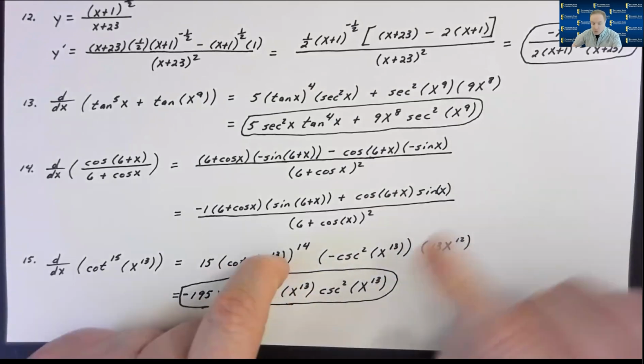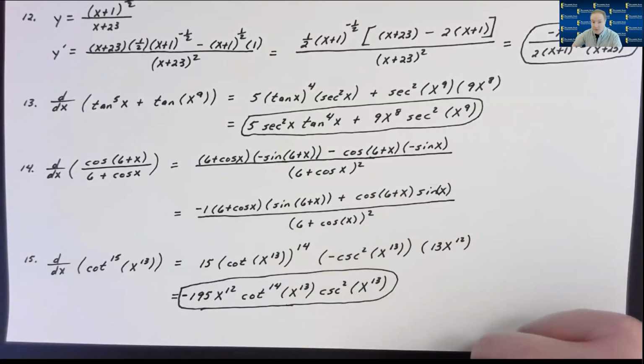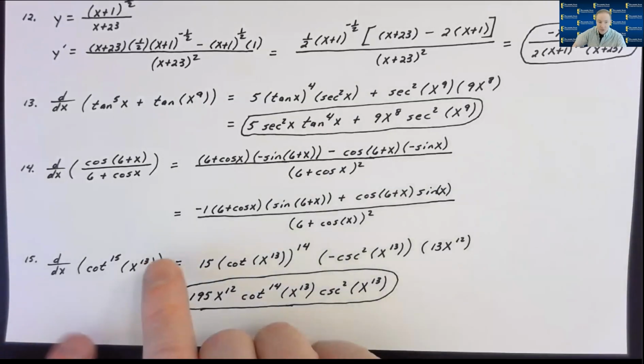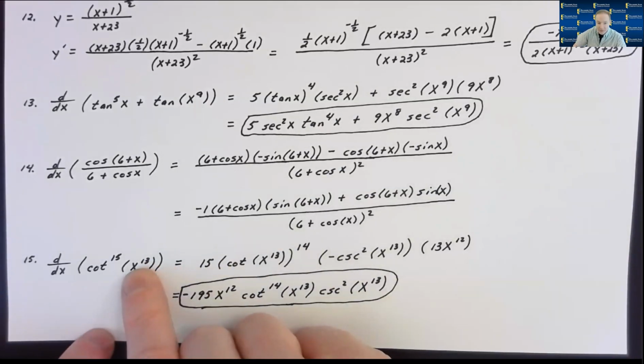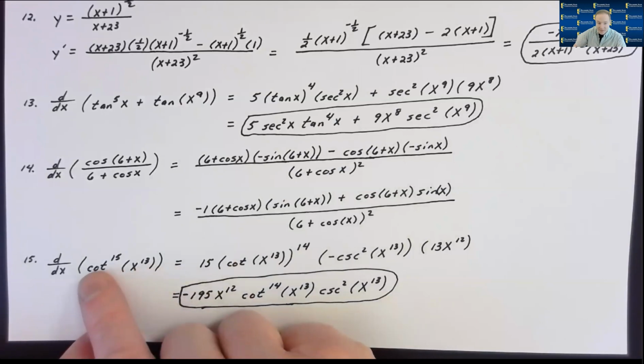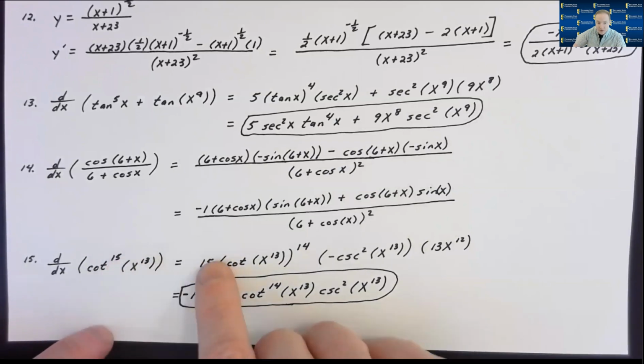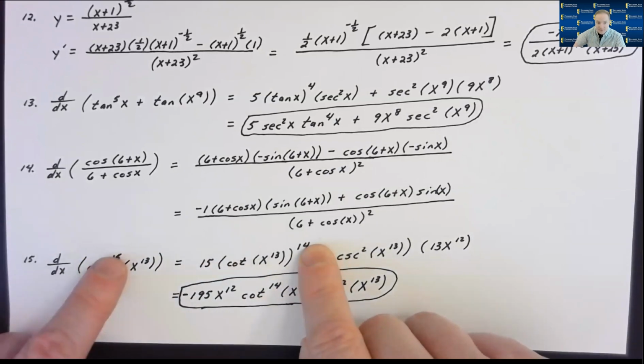Now, before you even did this problem, you should have understood that this was a 3-layer chain rule problem. I have a differentiable function inside of a differentiable function inside of a differentiable function. So it's no coincidence that the first thing I did is I said derivative of the power rule on the outside. That's that one. Then I said derivative of the cotangent.